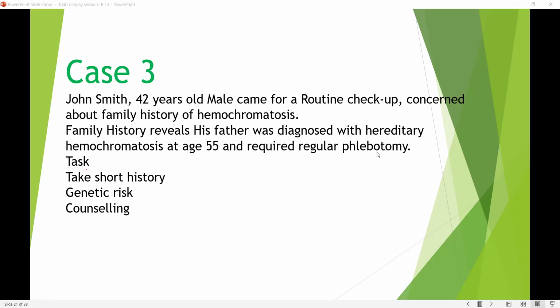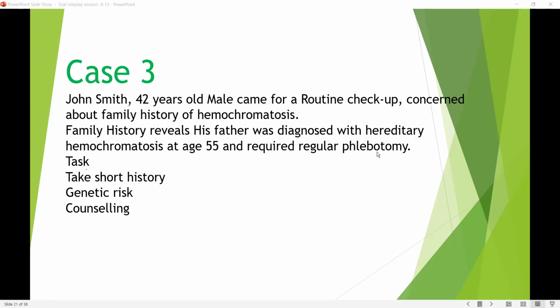Do you take any drugs or over-the-counter medications? No. And have you ever had any liver function tests done before? Not recently. Okay, thank you.